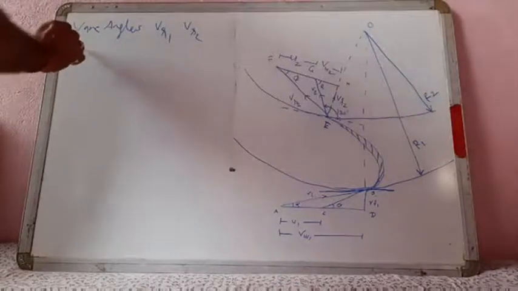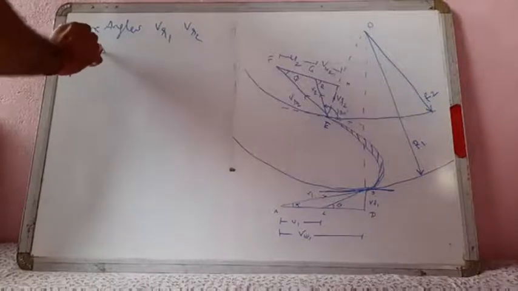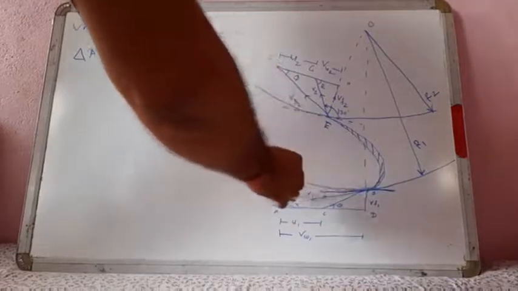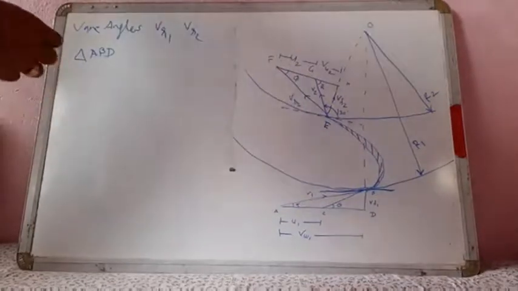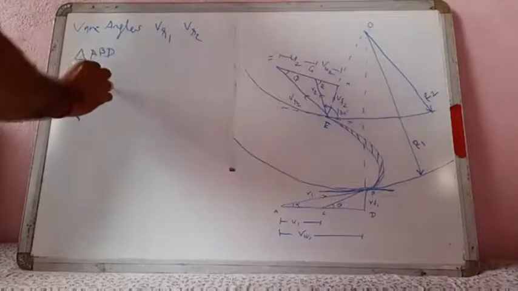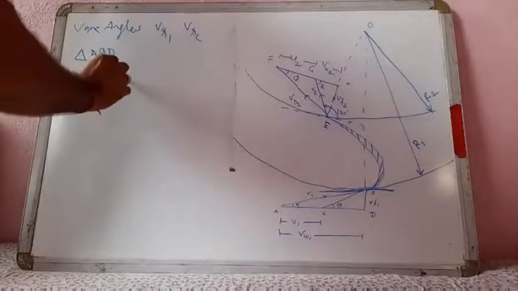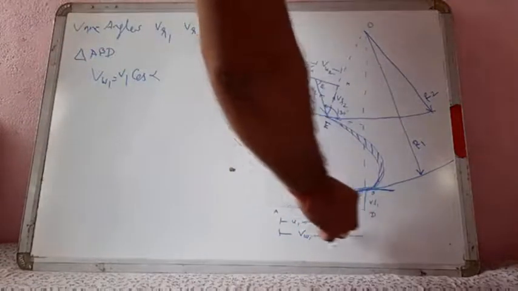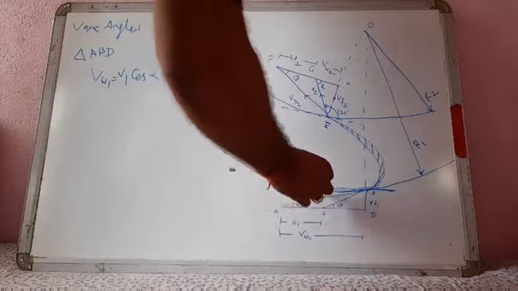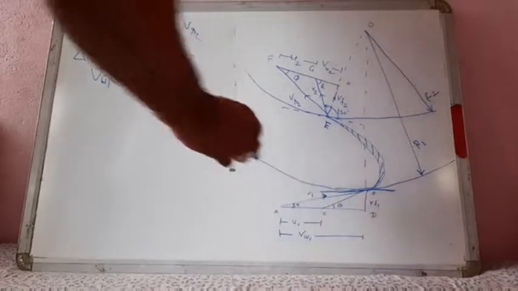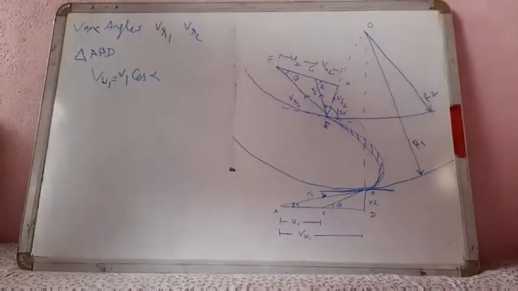Here from the bigger triangle ABD, VW1 is equal to V1 cos alpha.